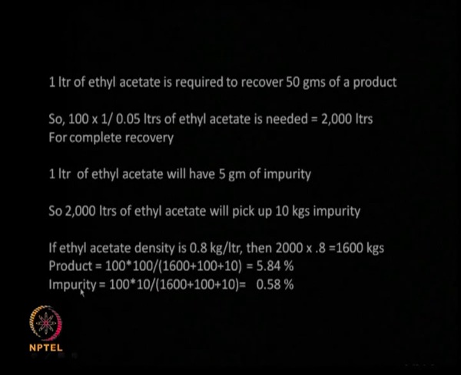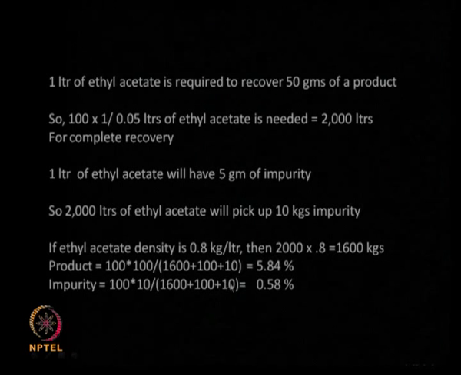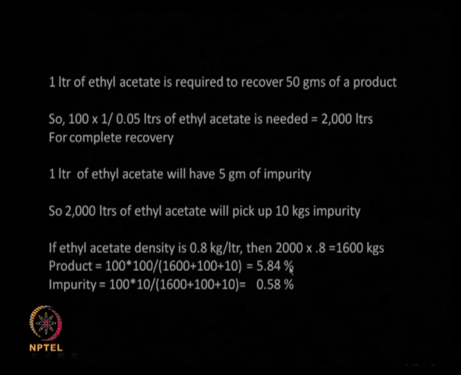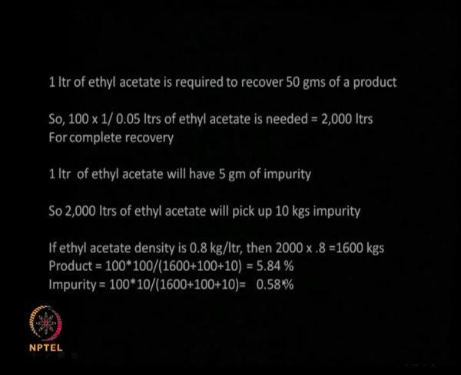And similarly for the impurity, 10 divided by 1600 plus 100 plus 10, multiplied by 100, you get 0.58%. So my ethyl acetate solvent will have 5.84% of the product and 0.58% of the impurity.